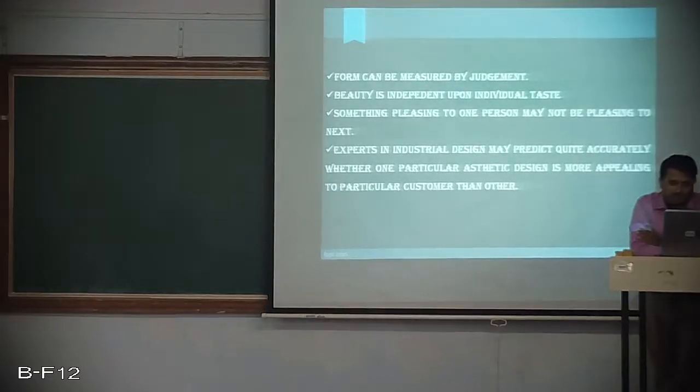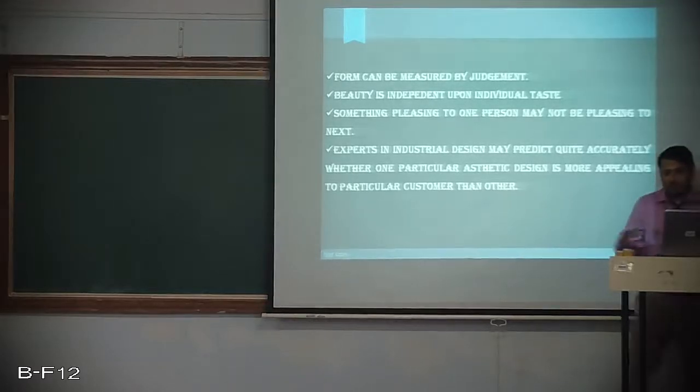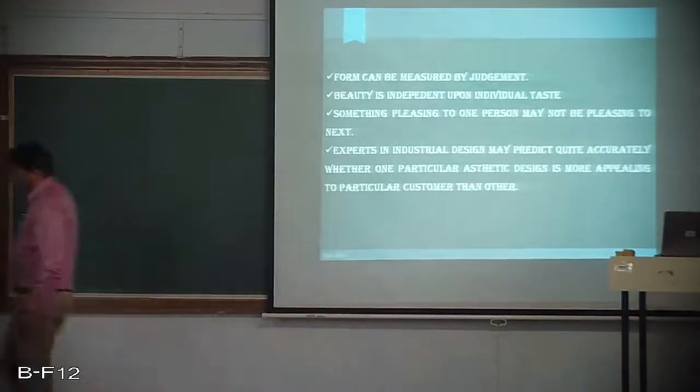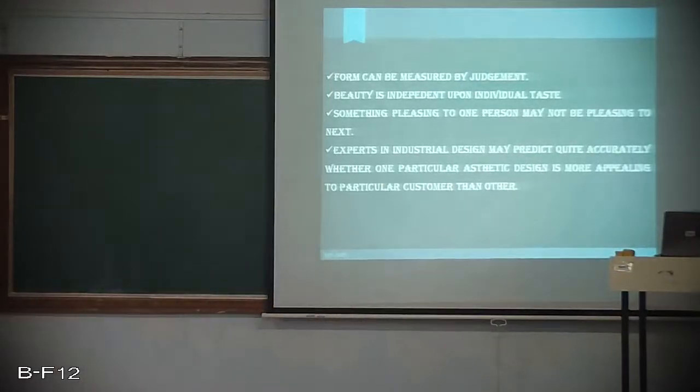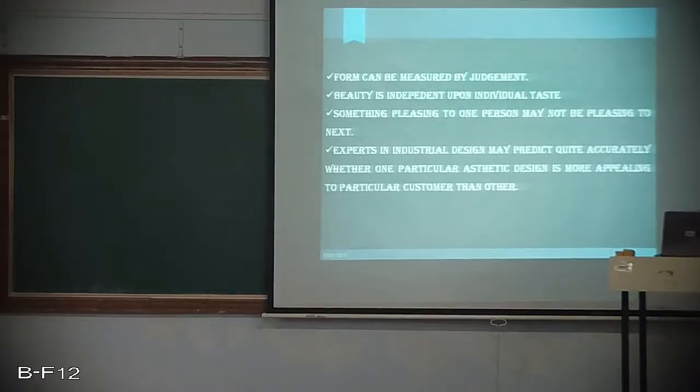That is true. Experts in industrial design may predict quite accurately whether one particular aesthetic design is more appealing to a particular customer than other. So again, this is left to the experts who are designing the particular product. They must predict accurately whether one particular aesthetic design is more appealing to a particular customer than other.